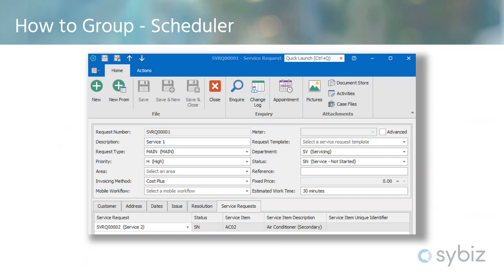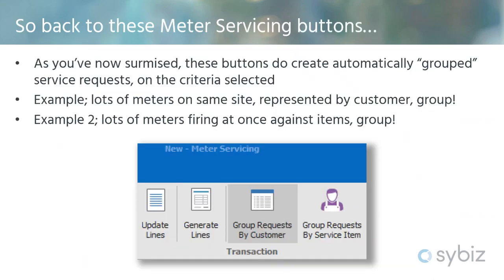So swinging back to the meter servicing run screen, you've probably guessed this one, but these do create grouped service requests based on whichever button you happen to press. The classic example, going back to our gym example, which we're going to be returning to quite a bit throughout the rest of this presentation, you've got gym 1, and there's 20, 30 items that are all for this gym, annual services, weekly services, all sorts.